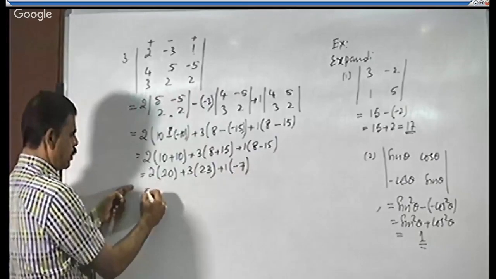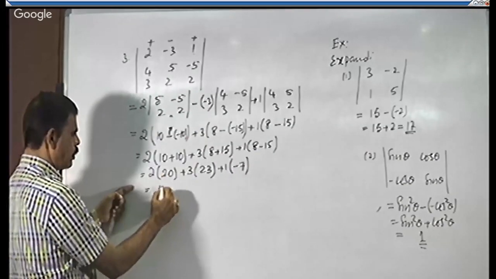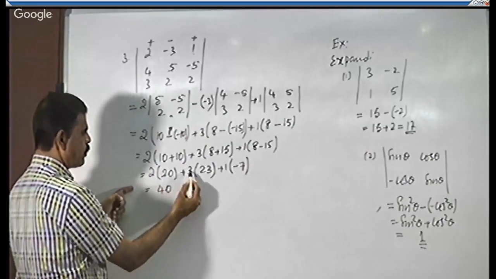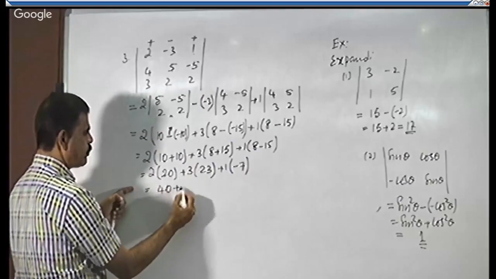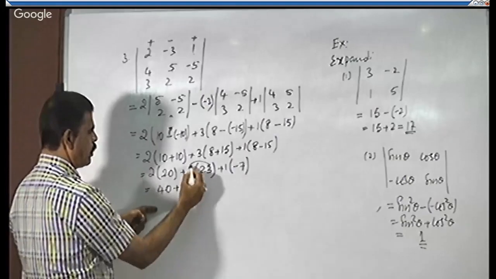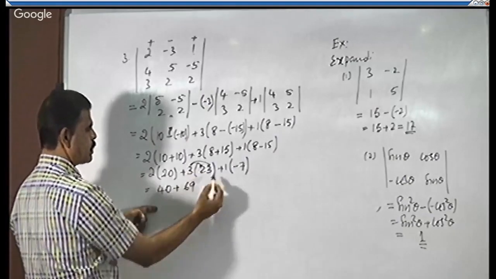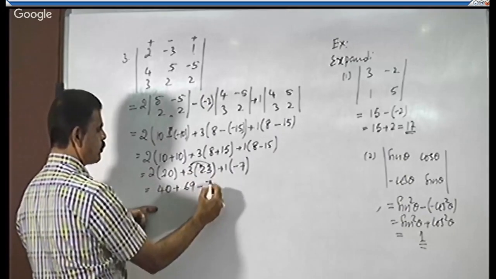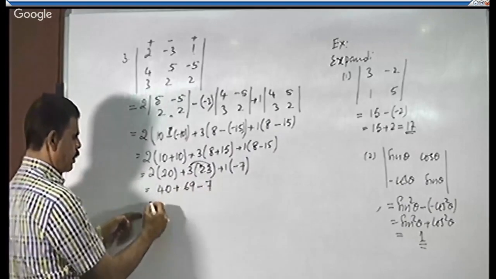Now remove the bracket. 20 into 2, it is 40, plus into my plus, it is plus 23 into 3. 3 3s are 9, 3 2s are 6, 69. Plus into minus is minus, 1 into 7 is 7.